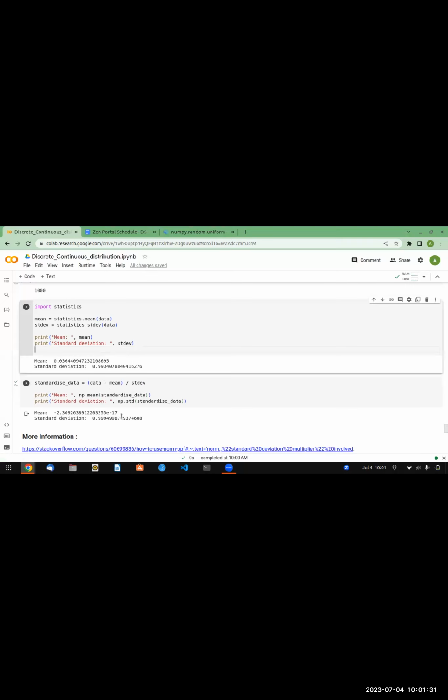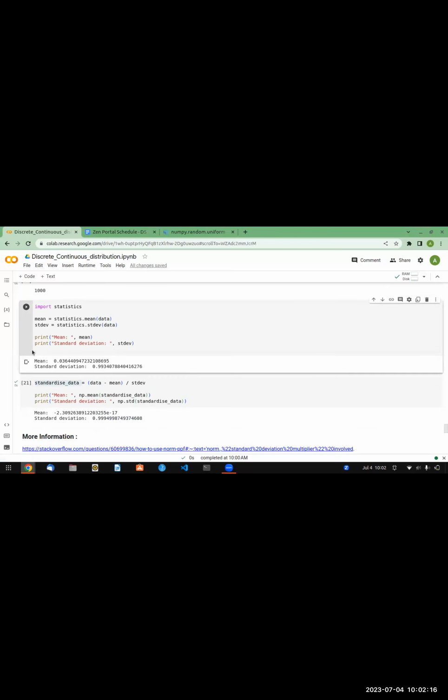So now if you see, this is more accurate. Here, the mean is now very close to 0. It is 10 to the power minus 17. What is 10 to the power minus 17? That means 1 divided by 1 followed by 17 zeros, so that is very close to 0.